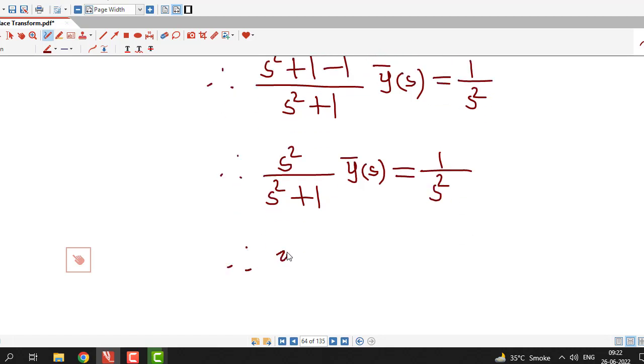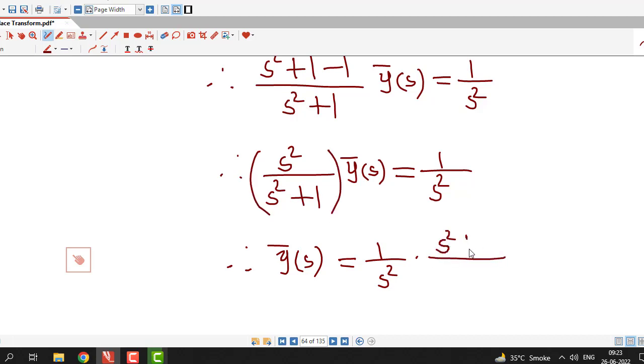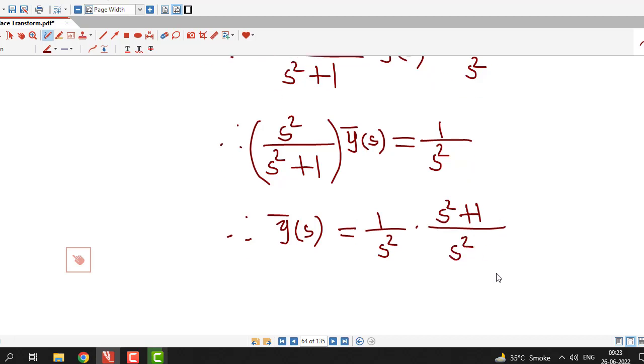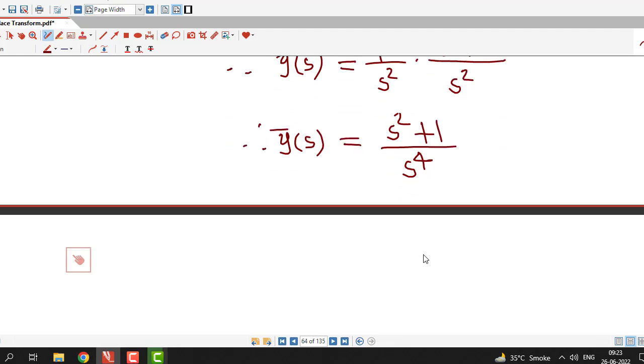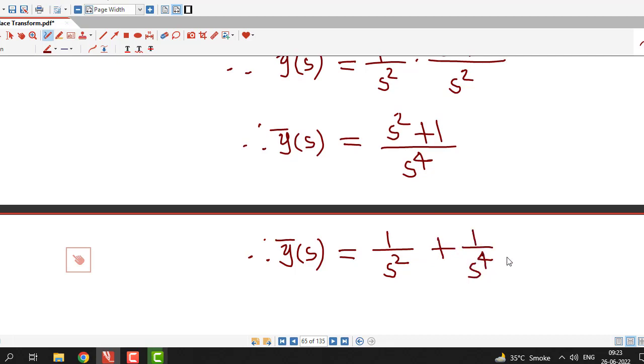Our aim is to determine y bar s, so we rewrite again: s square plus 1 divided by s square. Therefore y bar s equal to s square plus 1 divided by s to the power 4. Again we rewrite this. Therefore y bar s equal to s square divided by s raised to 4, that is 1 by s square, plus 1 divided by s raised to 4.